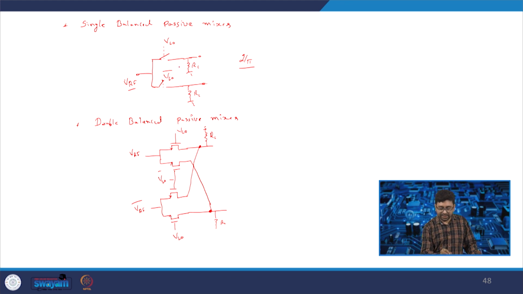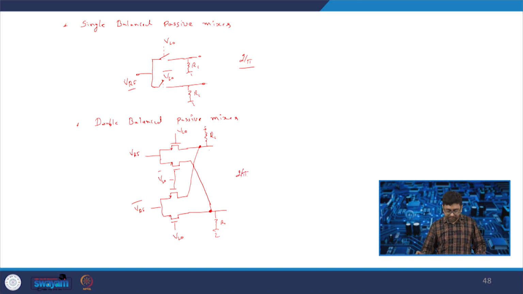However, there is a significant feed through of LO in a single balance mixer. So the gain will remain the same because you are giving a differential input, again you are getting the differential output. That is why the gain will be 2 by pi.